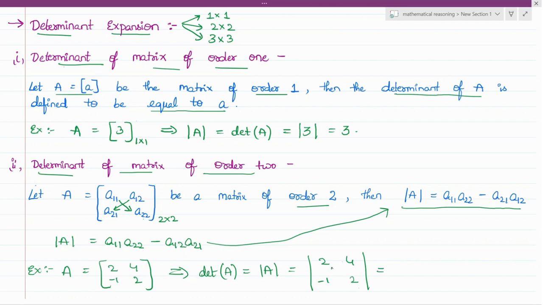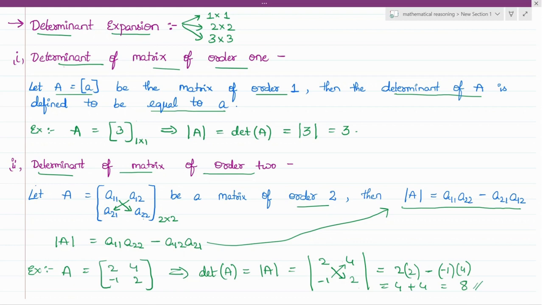Now first we need to do the cross multiplication, that is 2 into 2 minus the other two elements, minus 1 into 4. Just simplify this: 2 twos are 4, minus into minus is plus, 4 ones are 4, that is 8. So 8 is the answer for this matrix.